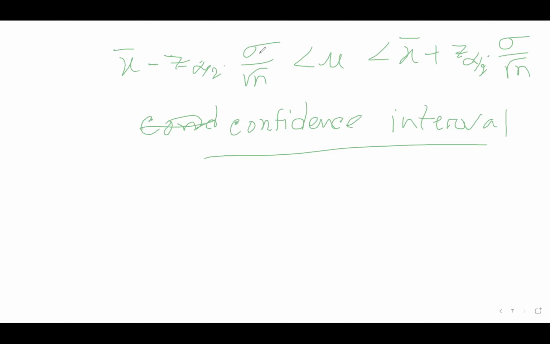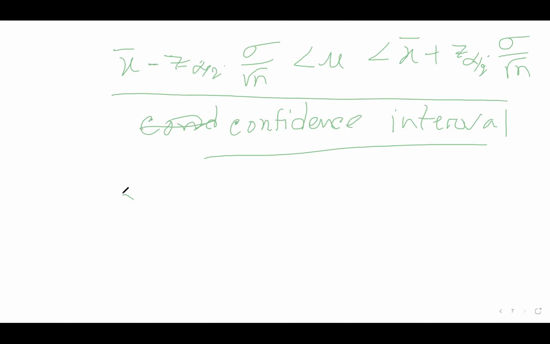I've already mentioned that we use z when sigma is known and t when sigma is unknown. Here, sigma is unknown and n is small. Can you use t for this formula since sigma is known? It will depend on the problem you are solving. I'm just giving the general formula to give you the idea of the difference between the two intervals, the prediction interval and the confidence interval.